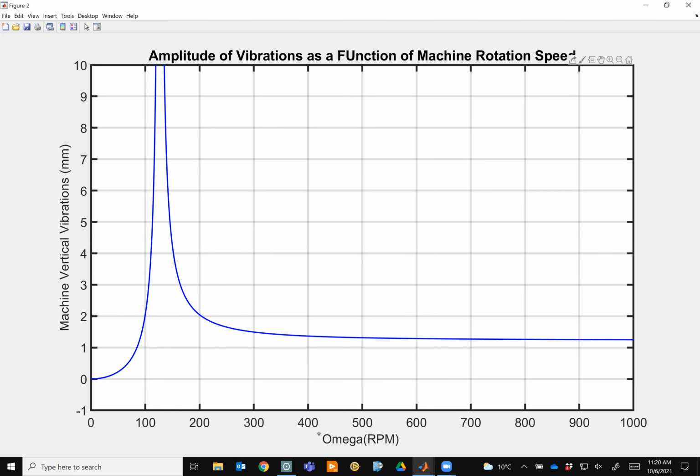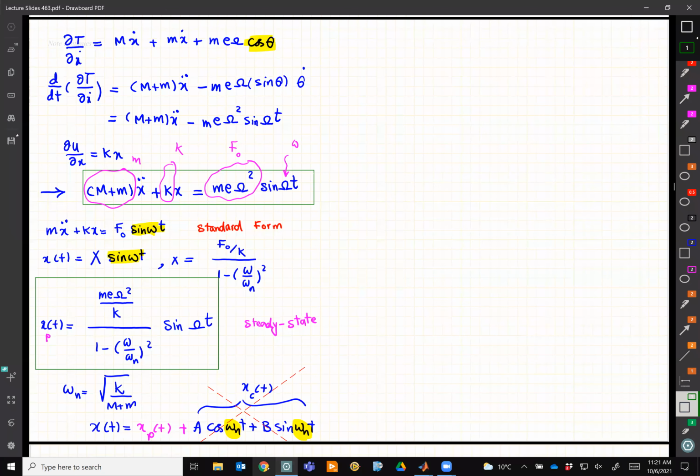I didn't divide it because maybe we are interested to know how our machine is performing. If I run this system at omega equal to 100, I expect to see the amplitude of 2 millimeters. All right. So that's the time response. Omega 100, the amplitude will be 2. This 2, in fact, is this number.